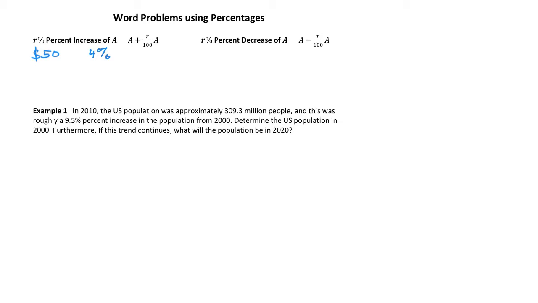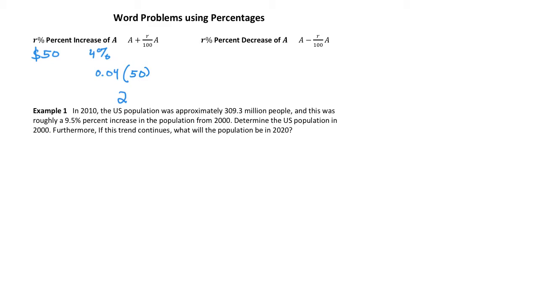What you would do is take 4% and change it to a decimal, so that would be 0.04. So like in our formula, you take the number and divide by 100, which just moves the decimal point 2 places. You would then multiply that by the amount, which is 50. And if you do that in a calculator, the value you get is 2. So this means the amount would increase by $2.